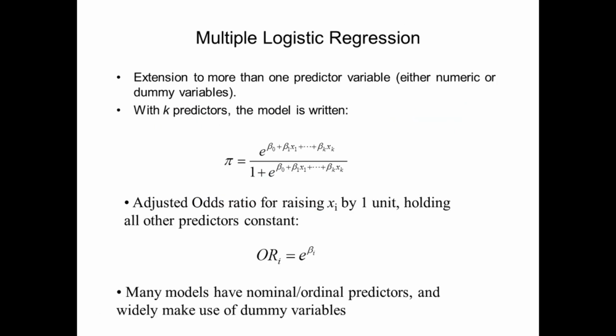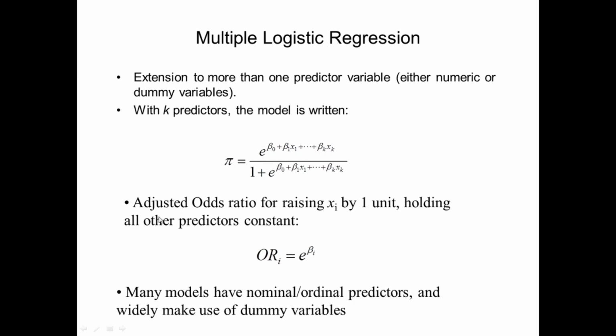response term. We can also have a situation of multiple logistic regression, an extension to more than one predictor variable, either numeric or dummy variables. So we have K predictors. The model is written as you can see on the screen. The probability is also written as an exponential function of a linear combination of our explanatory variables.